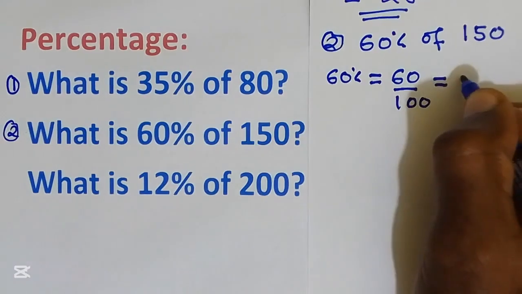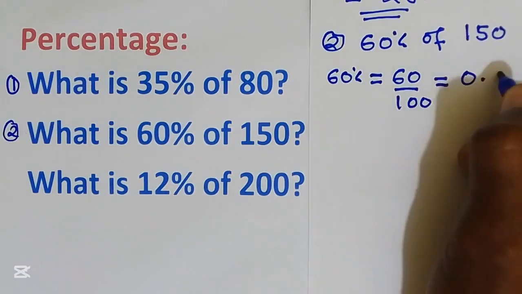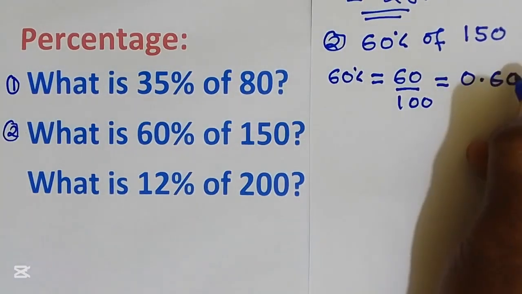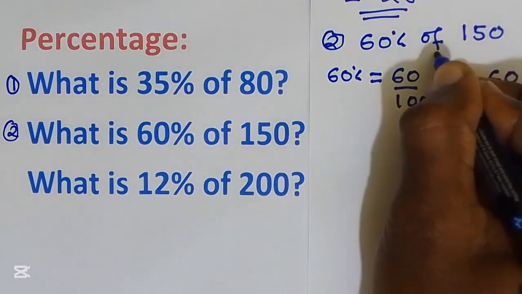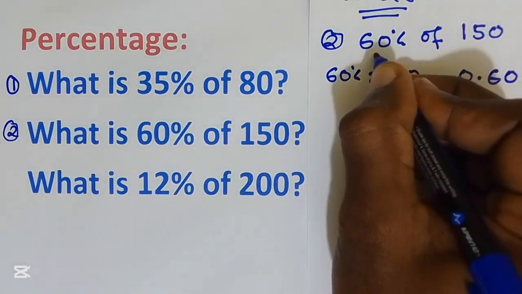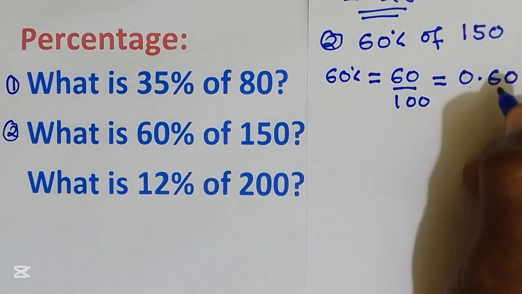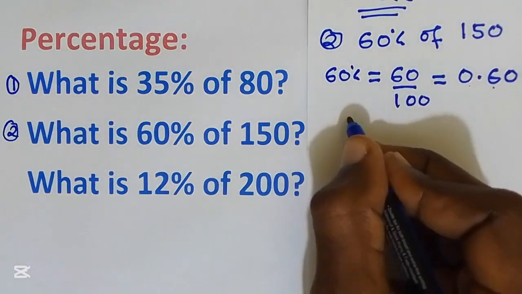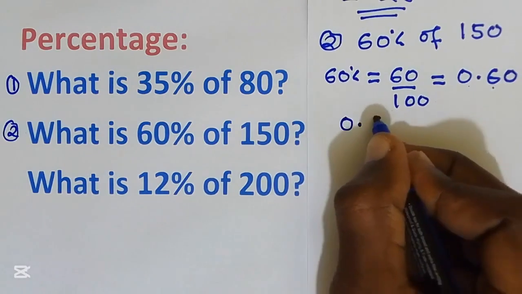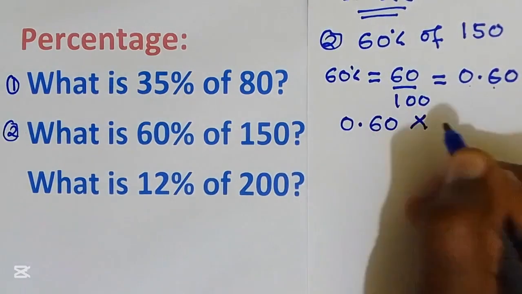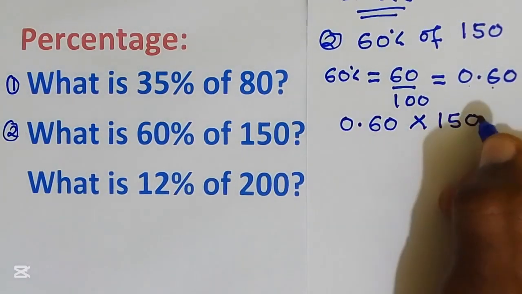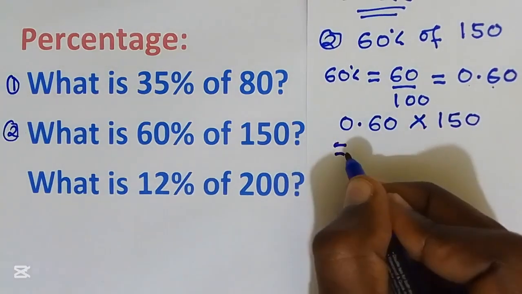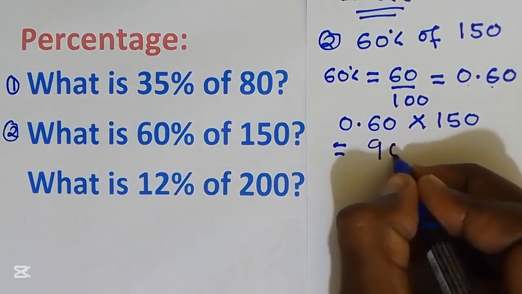This is equal to 0.60. Of means multiplication. Already 60% is equal to 0.60. So 0.60 multiplied by 150. This is equal to 90.